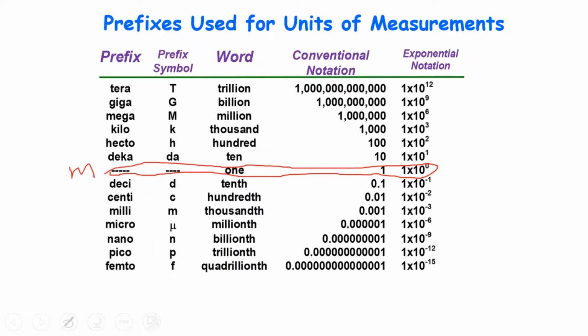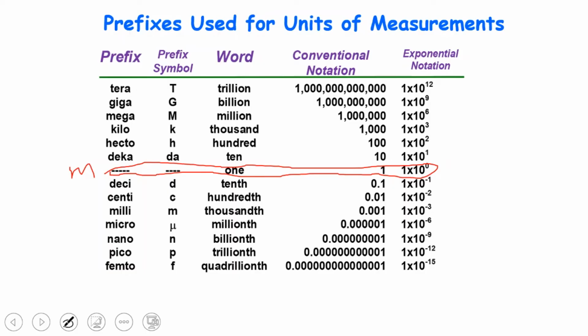And then 1 kilometer. You see K for kilo, then you just add meter after that, so that will be km, kilometers. 1 kilometer equals 1,000 meters.